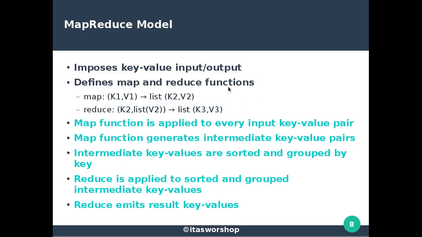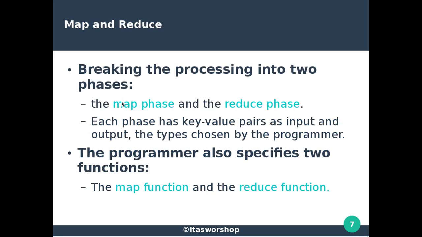Like you can see, the map function will be taking key 1, value 1. The key can be anything, and it can be defined by the programmer. The programmer also specifies two functions, the map function and the reduce function.